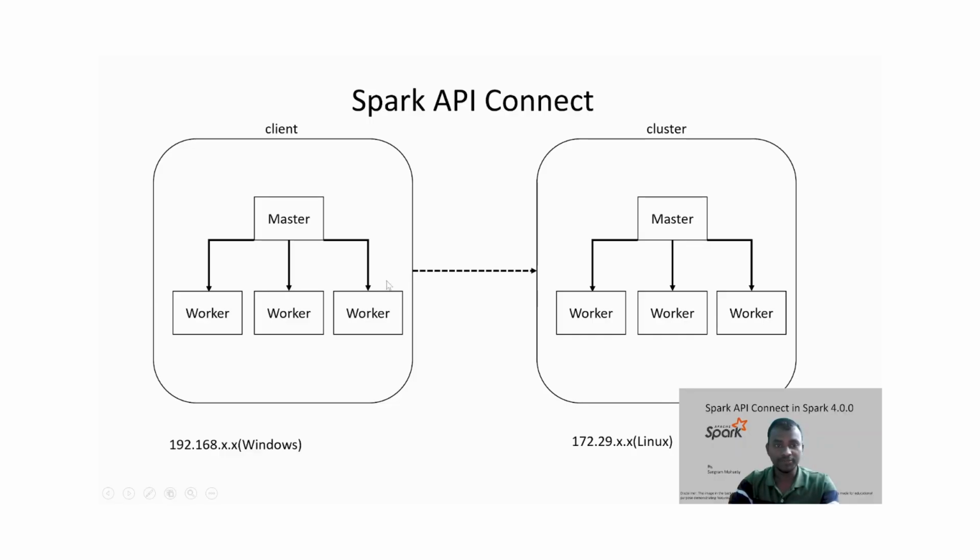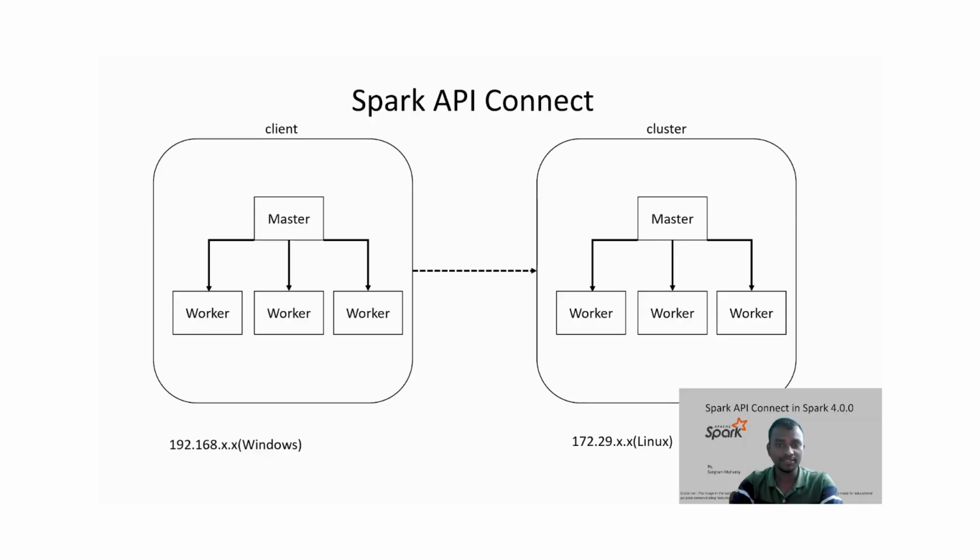Now I am trying to connect the client, the Windows machine, with the Linux cluster, so that the driver node is connecting to the worker nodes present in the Linux node. So this can be achieved using Spark API Connect.